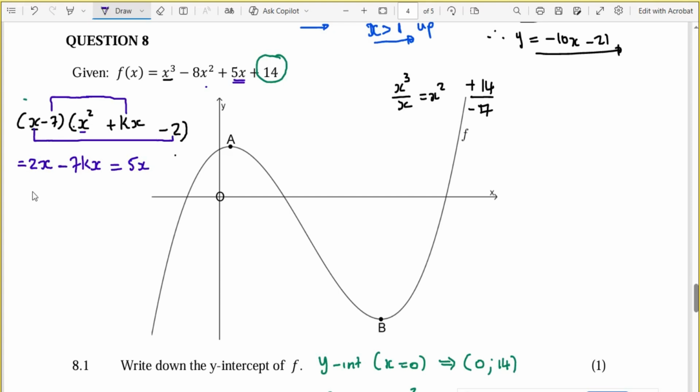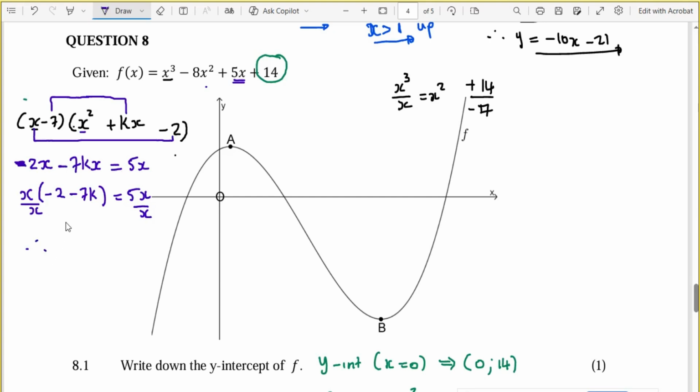This side we have a common factor of x. I'm going to take that out. Then I'm left with minus 2 minus 7k, and this is 5x. Divide both sides by that x so that we get rid of that x.